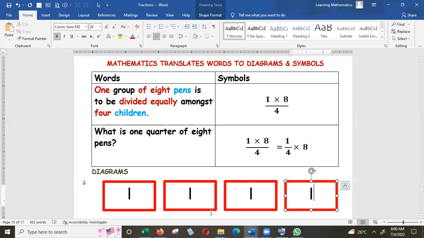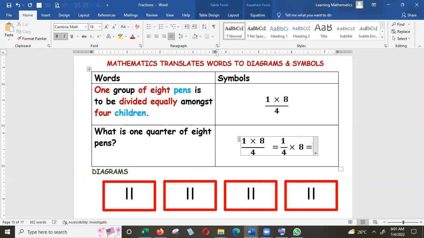At that first sharing, each child has 1 pen, but then there are 4 more pens left. So let's continue. Give that child another 1, give this child another 1, give this child another 1, and give this child another 1. So as you can see, 2, 4, 6, 8, each child received 2 pens. So 1/4 times 8 is equal to 2. And this is the origin of fractions.